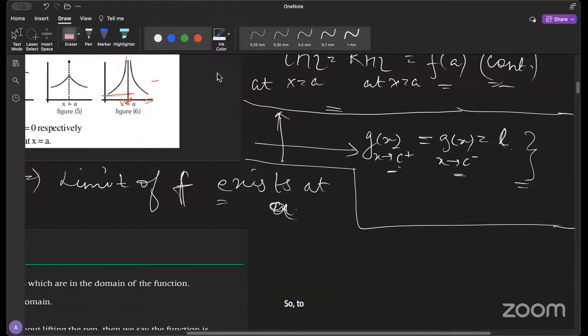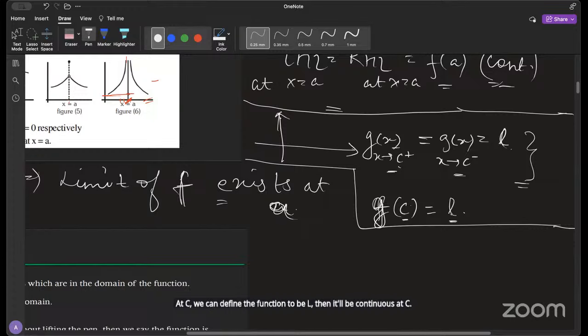So to make this function continuous at C, what can we do? We can define this function to be L, right? At C, we can define the function to be L. Then it will be continuous at C.